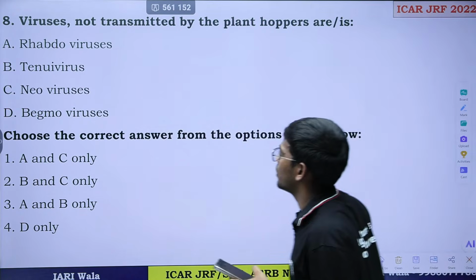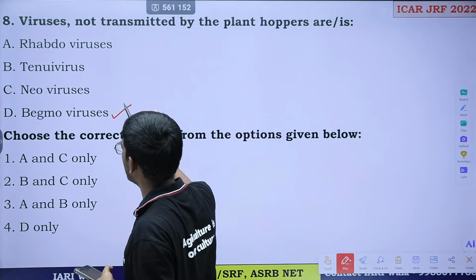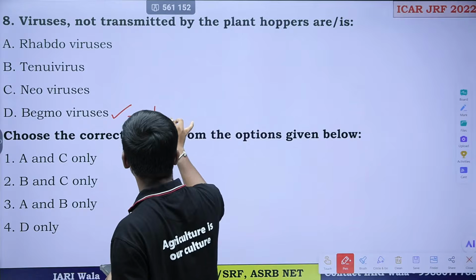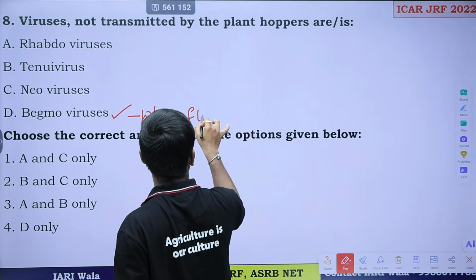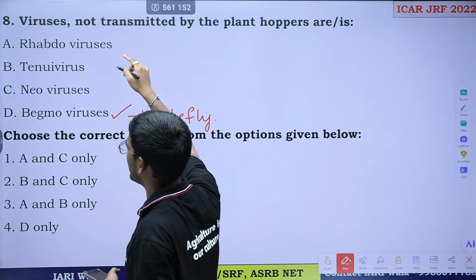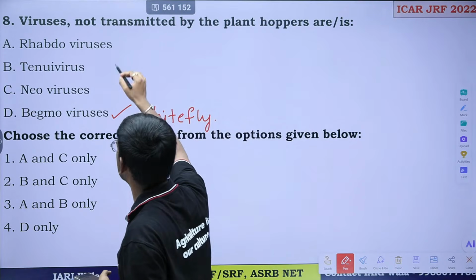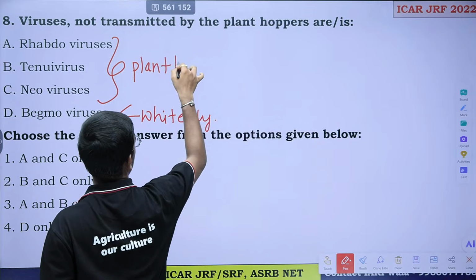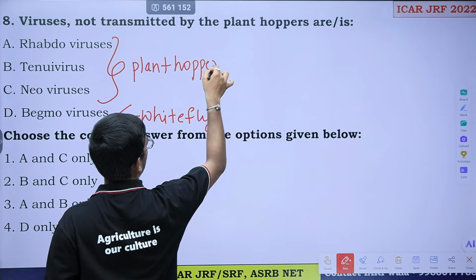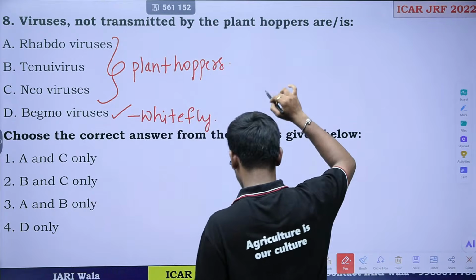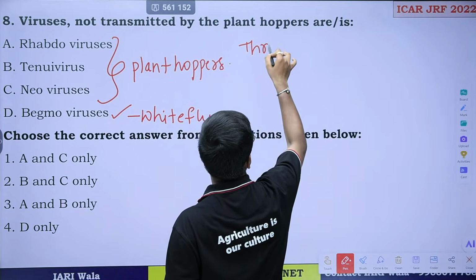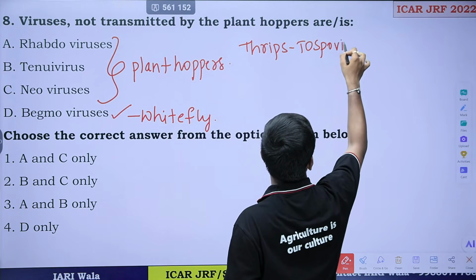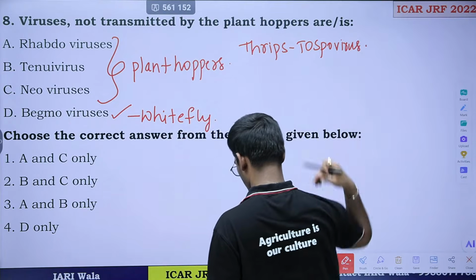So here begomovirus is not transmitted by the plant hoppers. This begomovirus is transmitted by whitefly. And the rest 3 viruses, rhabdoviruses, tenuivirus and nanoviruses, are transmitted by the plant hoppers mostly. Okay. Then we know thrips transmit tospovirus. Okay.